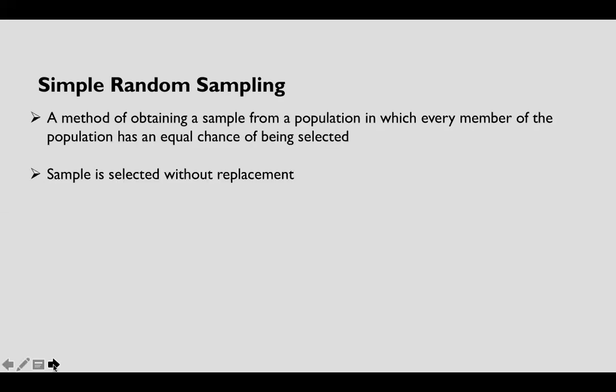All right, so simple random sampling is a method of obtaining a sample from a population in which every member of the population has an equal chance of being selected. So this is selected without replacement, which means once we choose our sample, there's not a chance of that being selected again.